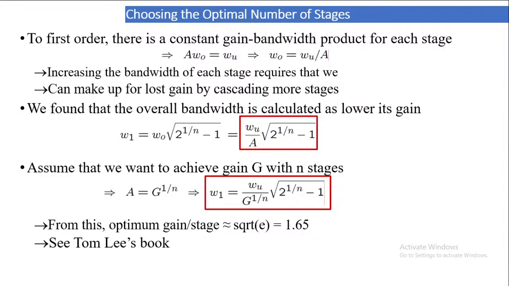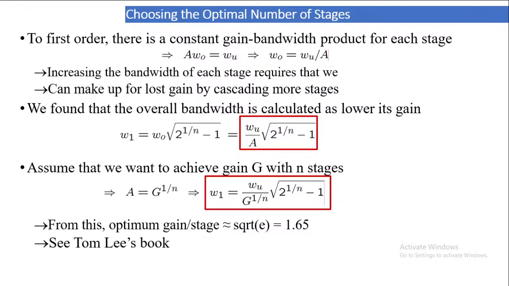To make up that gain, we increase it by cascading more stages. That is what we do. Now we have found that the overall bandwidth is calculated as omega 1 is equal to omega 0 root of 2 to the power 1 by n minus 1.